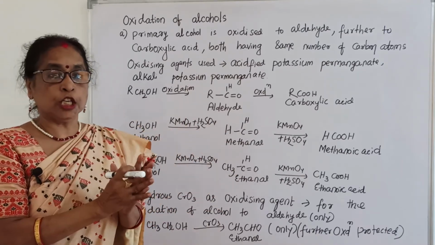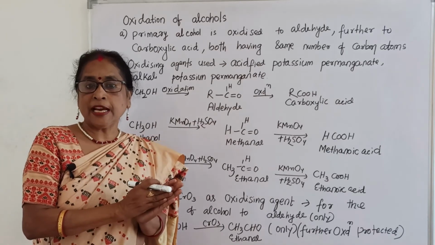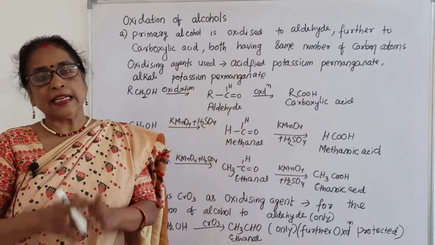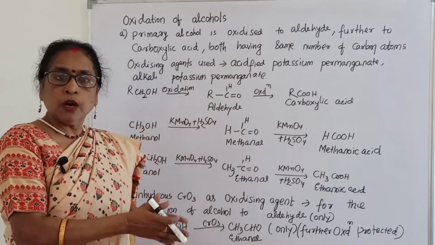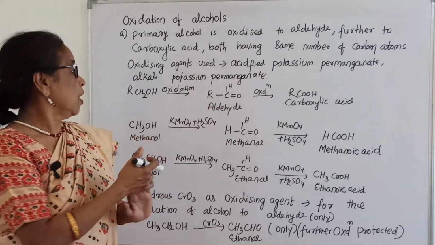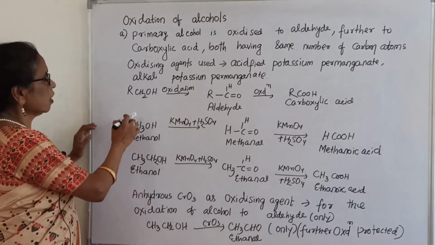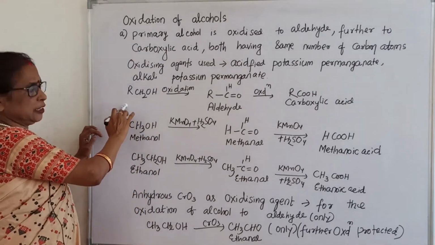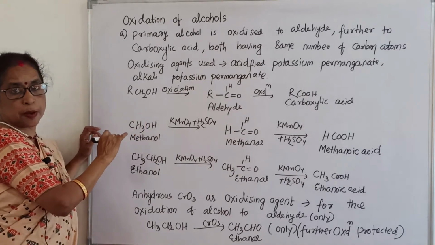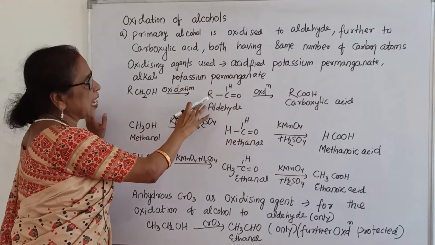This is the condition of primary alcohol. Remember, primary alcohol gives different products, secondary alcohol gives different ones, and tertiary also gives different ones. So we are now seeing the condition of primary alcohol. This is the primary alcohol, general formula RCH2OH. This is called the general structural formula. On oxidation, it gives aldehyde.